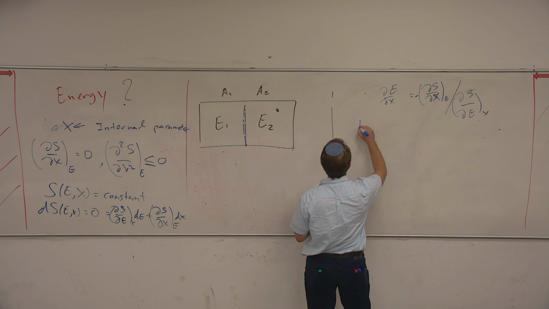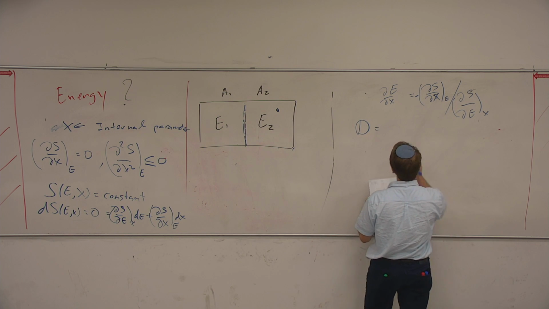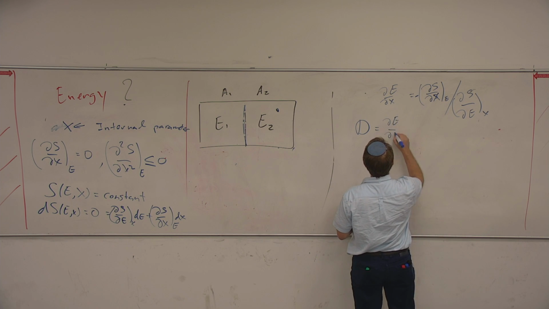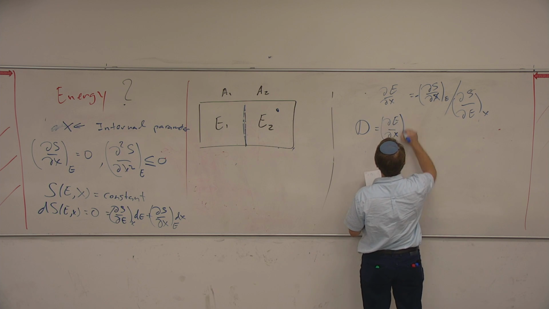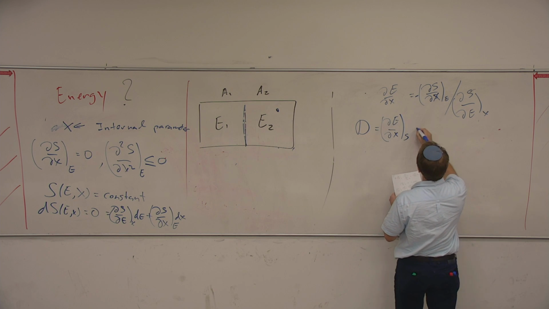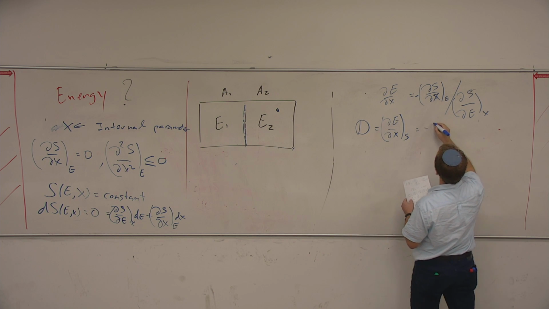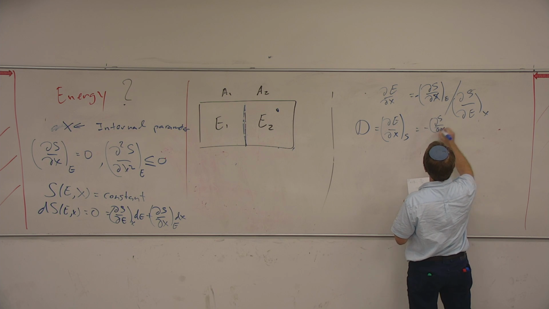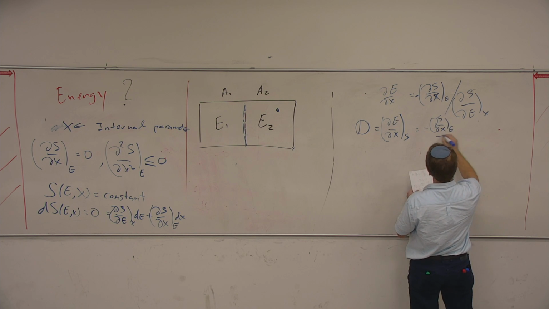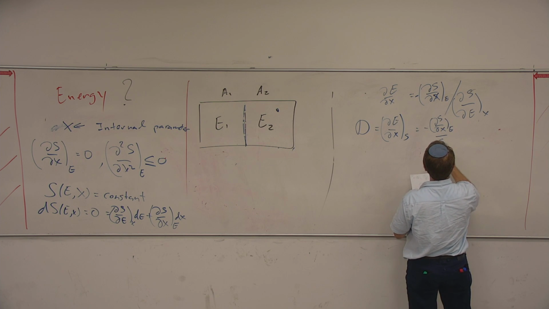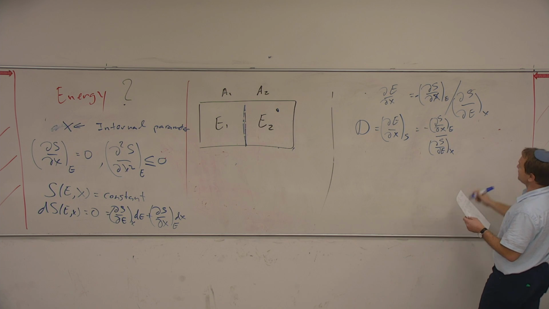So what we want to define is the derivative of E with respect to x at constant S, which equals what we have over here, with a minus.